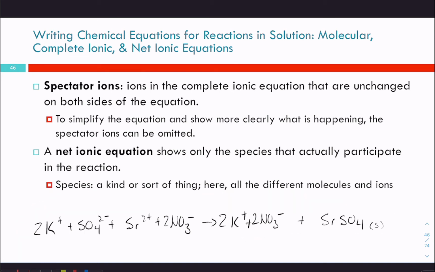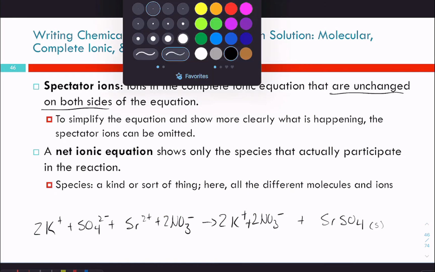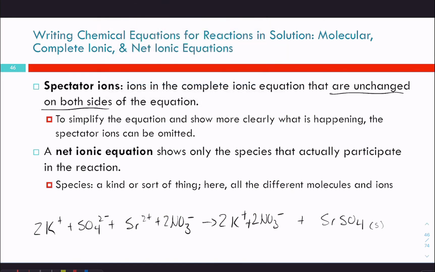Our spectator ions in our complete ionic equation are unchanged on both sides. In this case, which colors show up on the screen even? Blue, does that look blue? Yeah. Close enough.